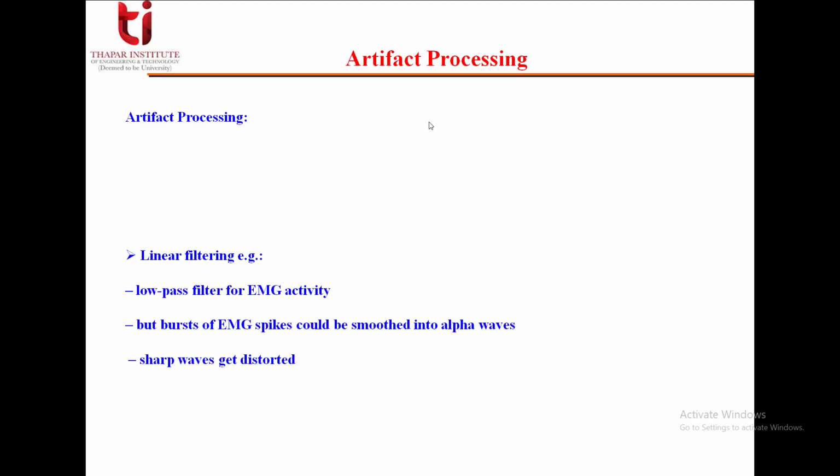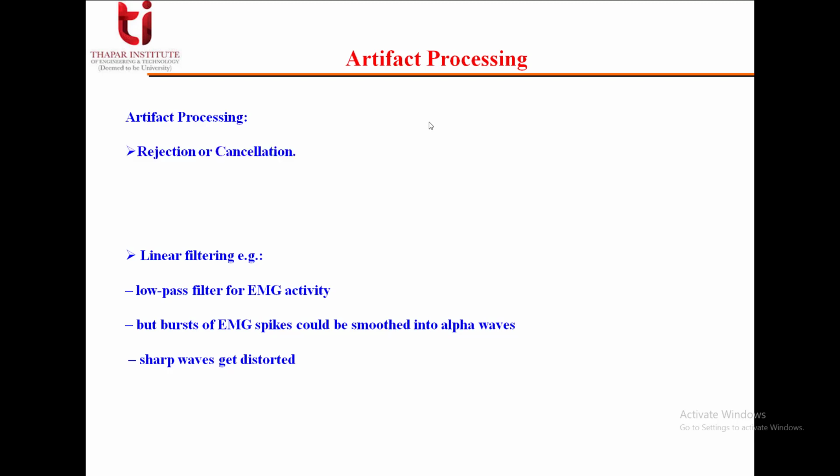Now there are various methods for how we can process the signal to reduce the artifacts. That can be filtering, a low pass filter, which we use for EMG activity, or a burst of EMG spikes could be smoothed into alpha waves using a low pass filter, and sharp waves get distorted.